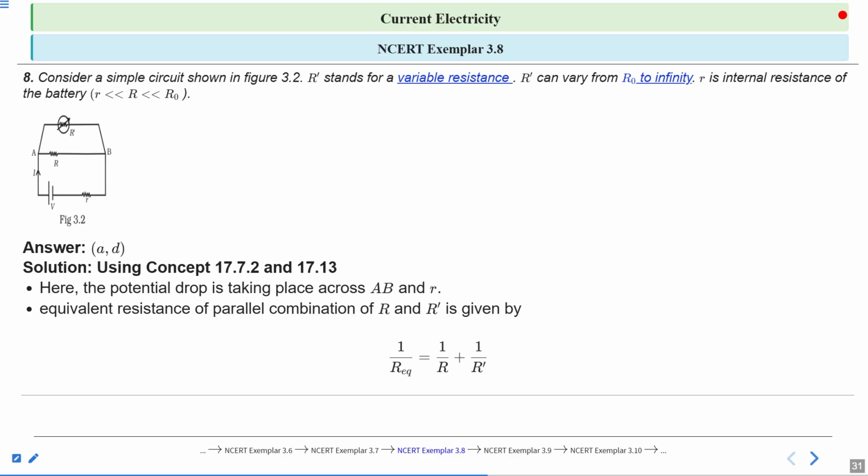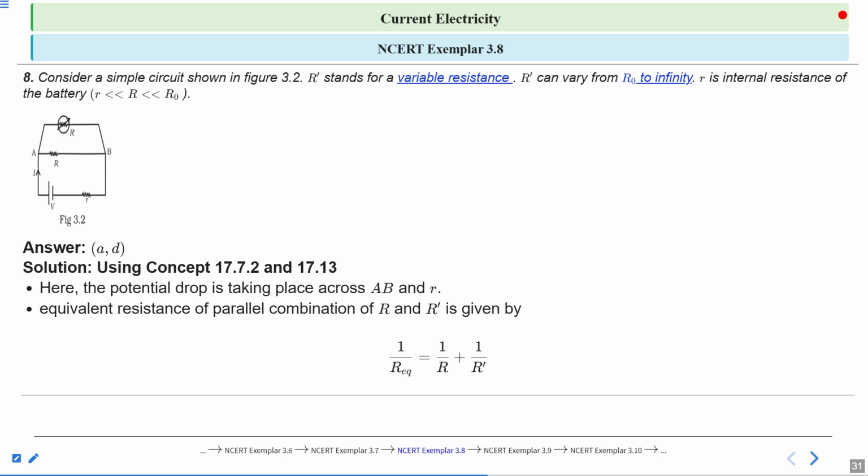This fixed R is much less than R naught, and this R dash varies from R naught to infinity, which means fixed R is much less than the variable resistance R dash.